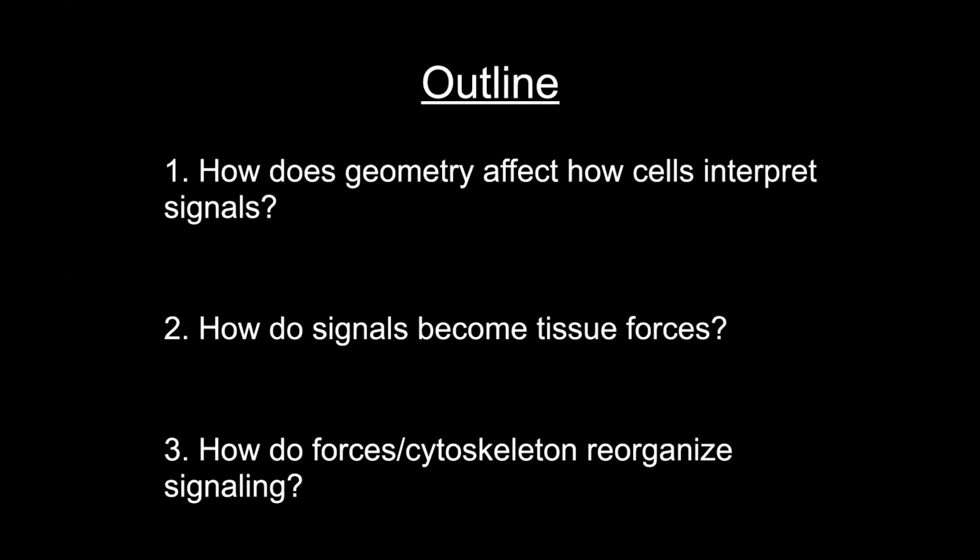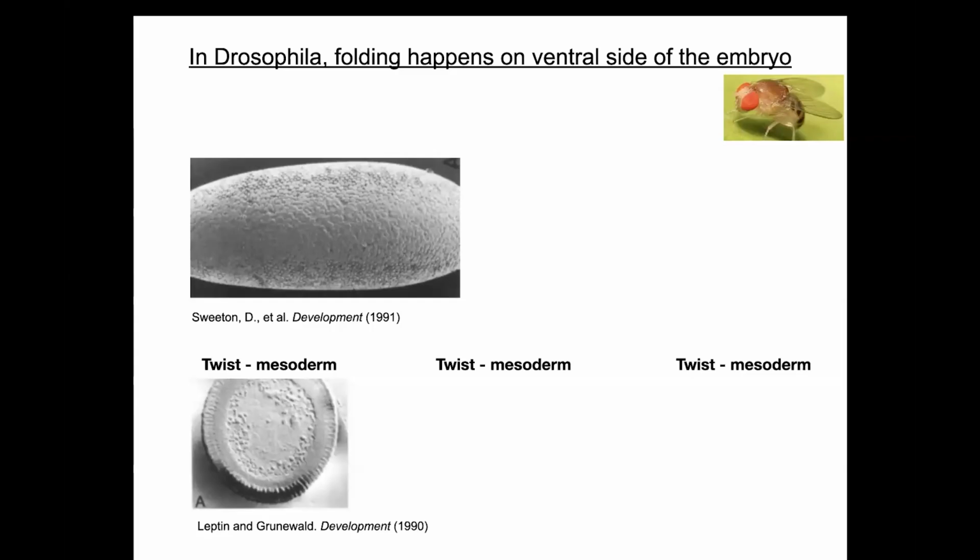All right, my lab has used the fruit fly embryo, and specifically gastrulation in the fruit fly, to get at some of these fundamental principles. So I'm just going to give you a brief introduction to the fruit fly. This is a Drosophila embryo in the top left there.